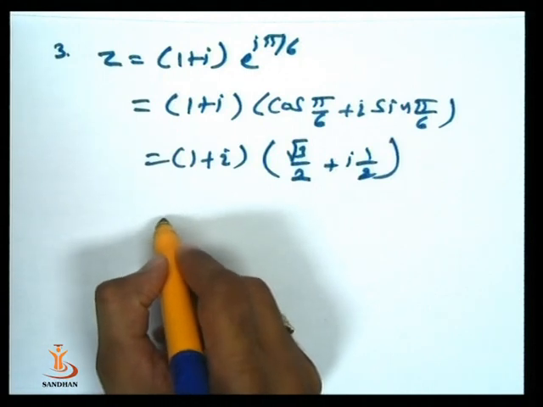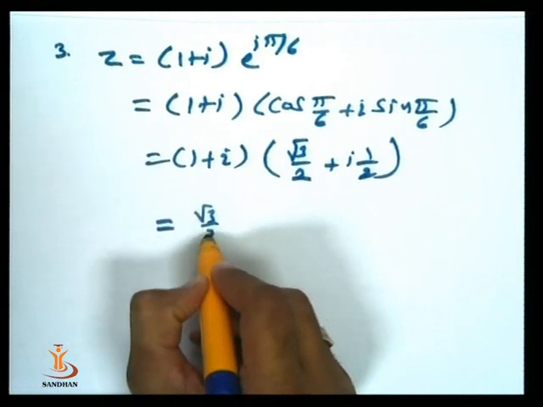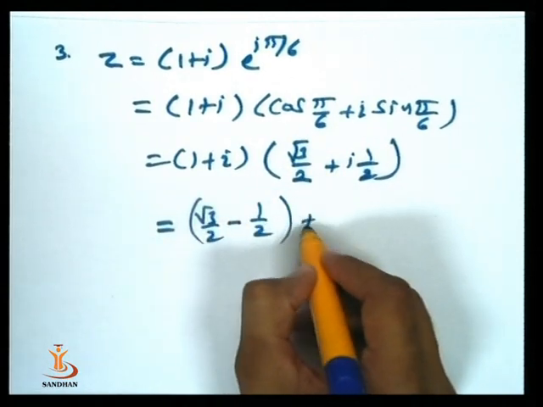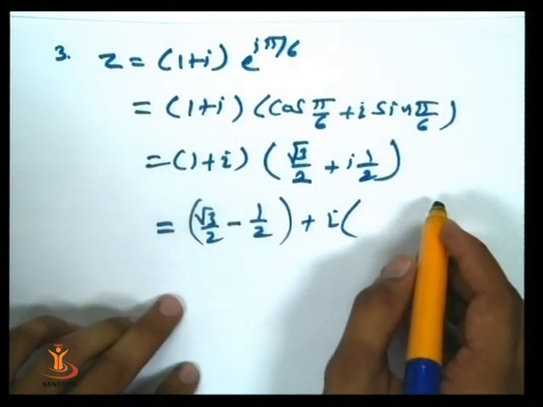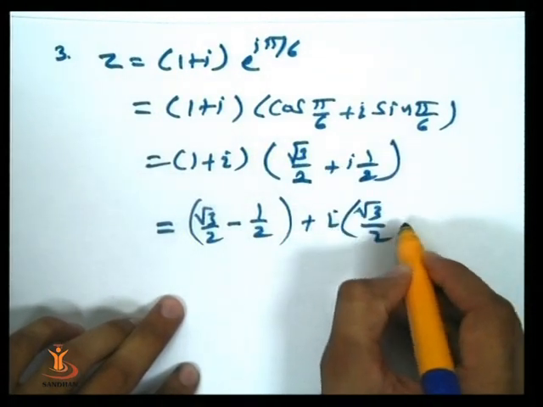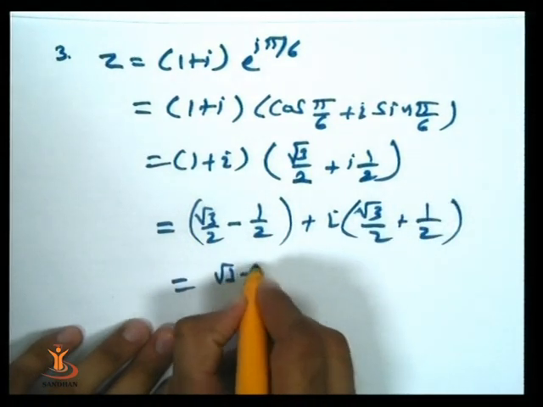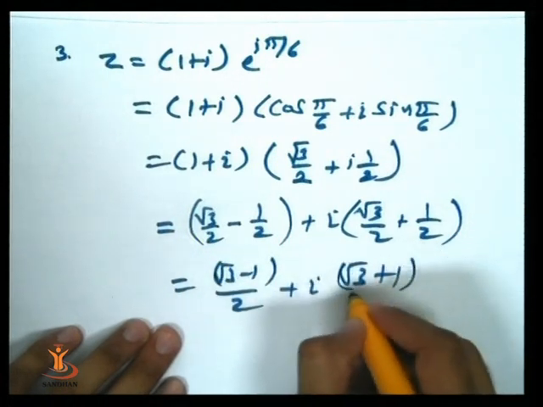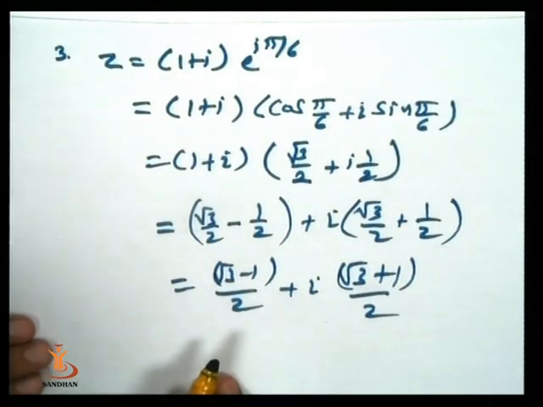So the whole complex number is 1 into root 3 by 2, which is root 3 by 2, minus 1 by 2, plus i times root 3 by 2 plus 1 by 2. So this is root 3 minus 1 upon 2 plus i into root 3 plus 1 upon 2. Both x and y are positive.